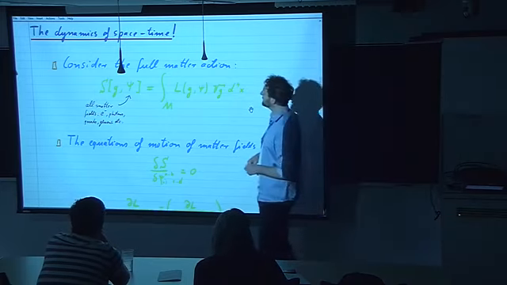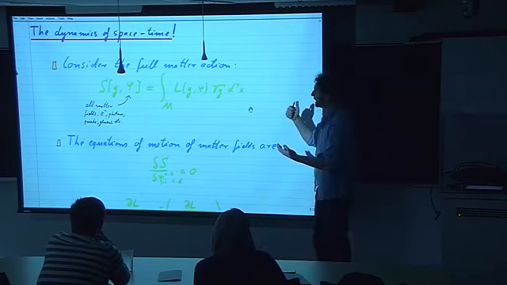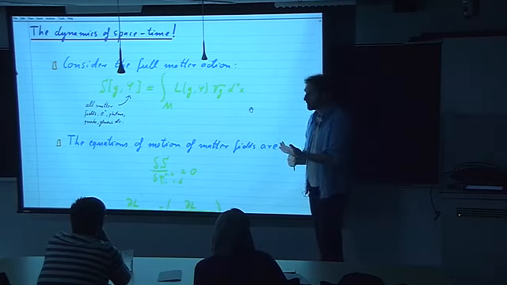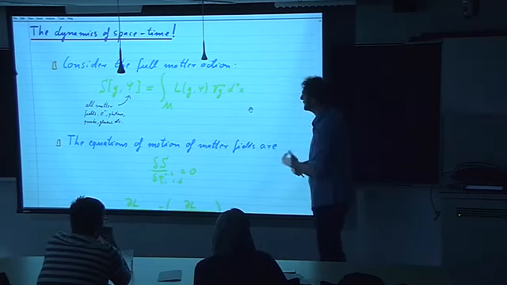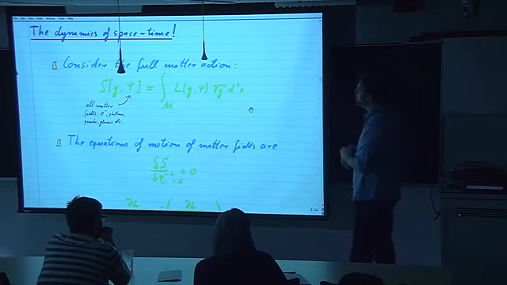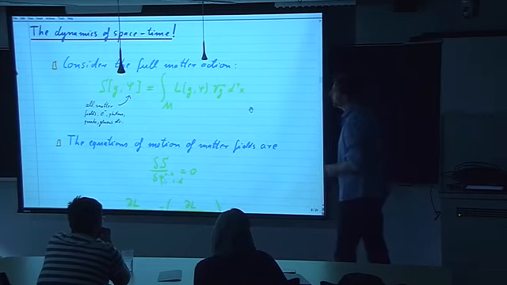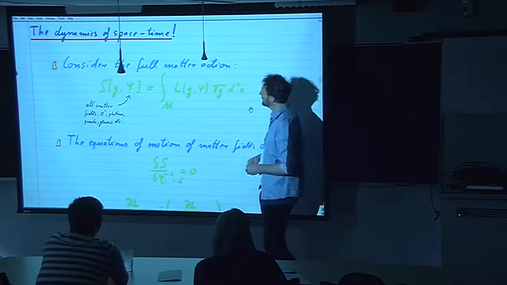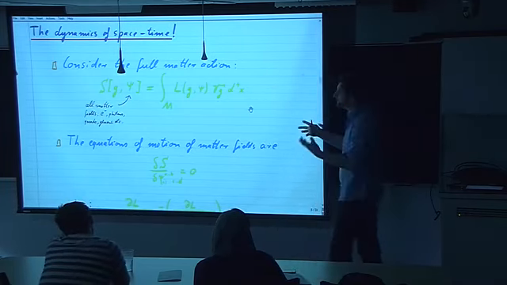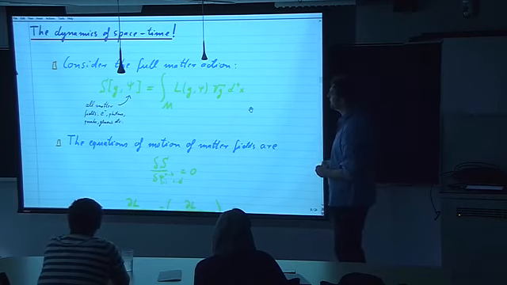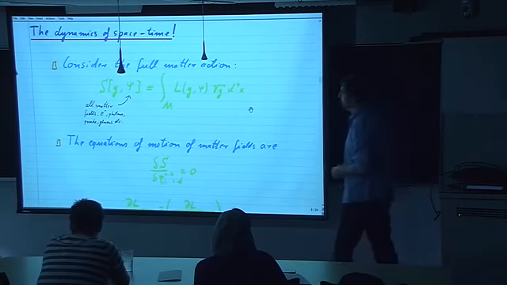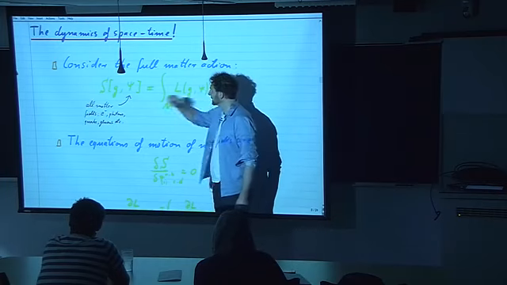So the dynamics of space-time, we have the dynamics of fields, right? The Klein-Gordon equation, or geodesics, perfect fluids, and so on. But how does space-time itself move and change in response to the matter that is dynamic in space-time? So here's the action as far as we have it.